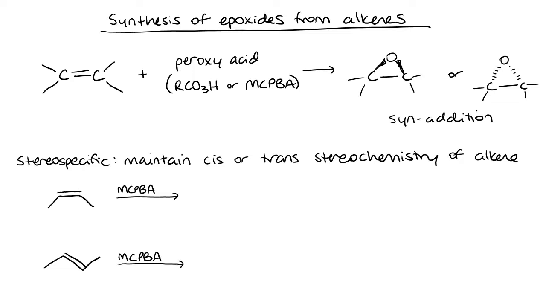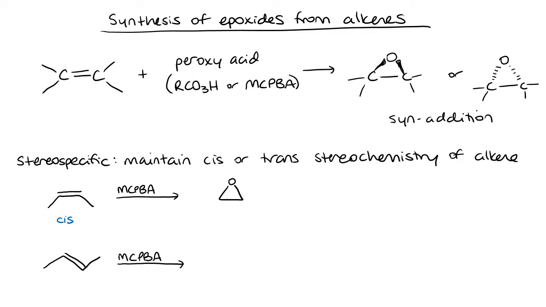Now, epoxide formation is stereospecific. That means if you have groups attached to the double bond in either the cis or trans stereochemistry, we're going to maintain that stereochemistry with the formation of the epoxide. So for example, we're starting with a cis alkene here, and we're treating it with MCPBA. Now, we know that this is going to form an epoxide, and we know the epoxide will be in a syn addition form.